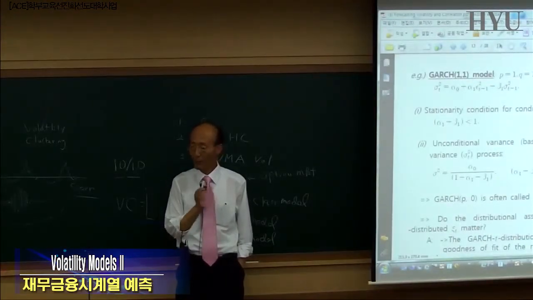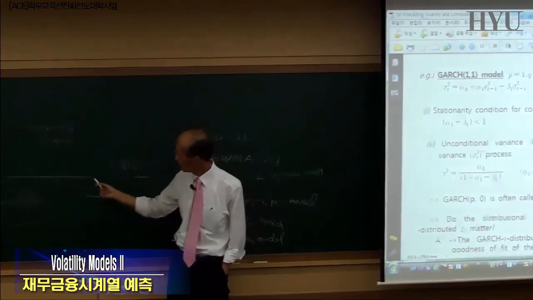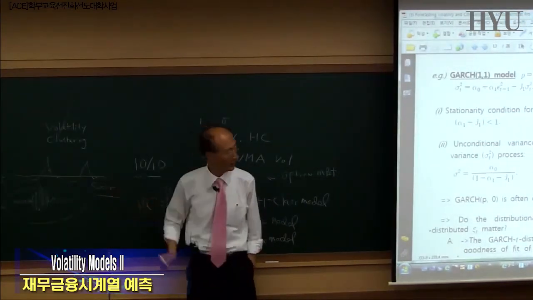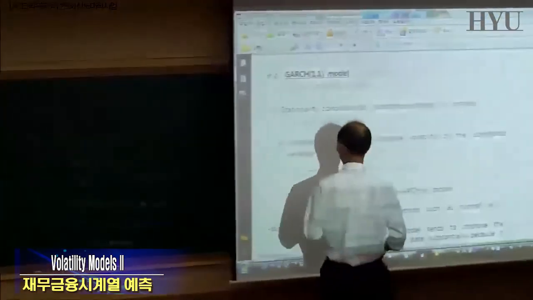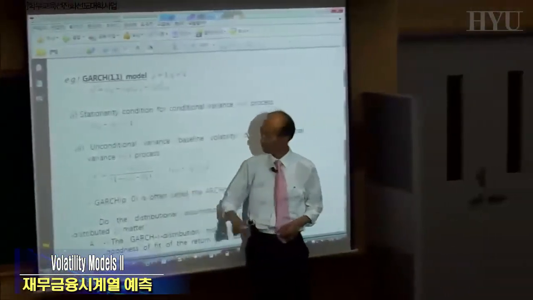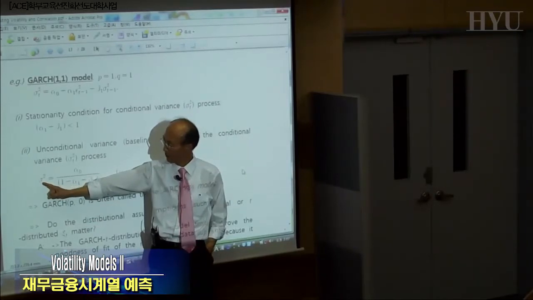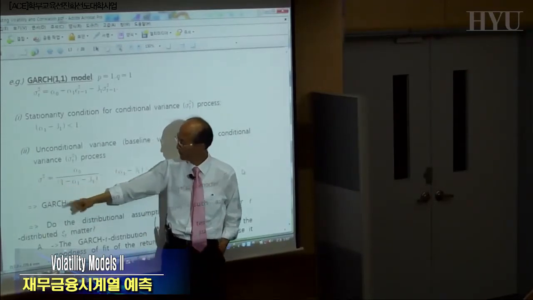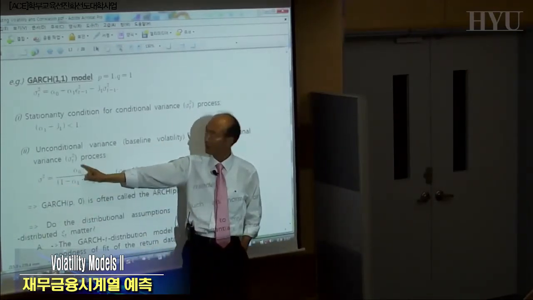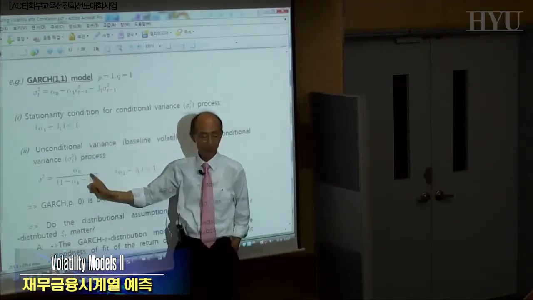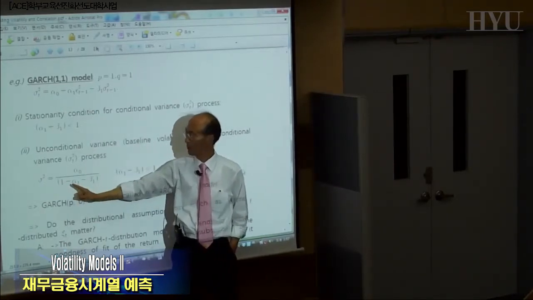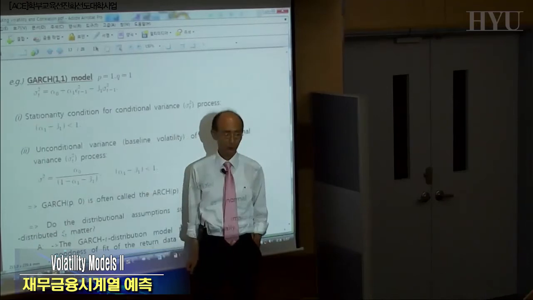We call it baseline volatility, okay? And you can actually derive this by computing this one. So baseline volatility is computed as the intercept divided by 1 minus the sum of these two.